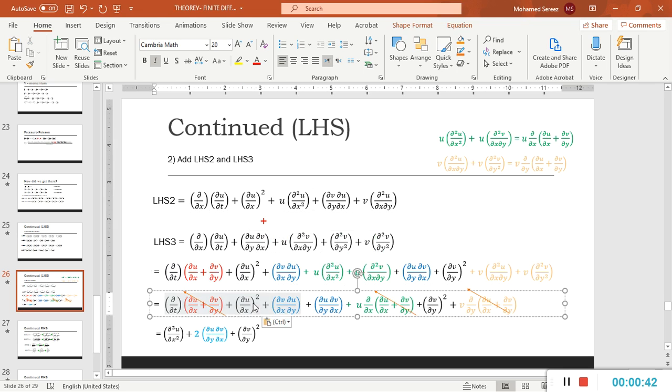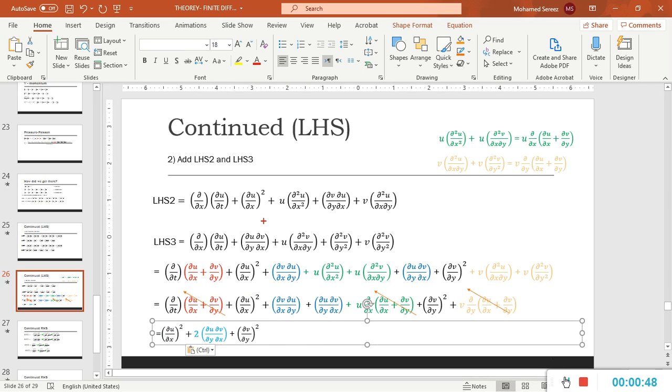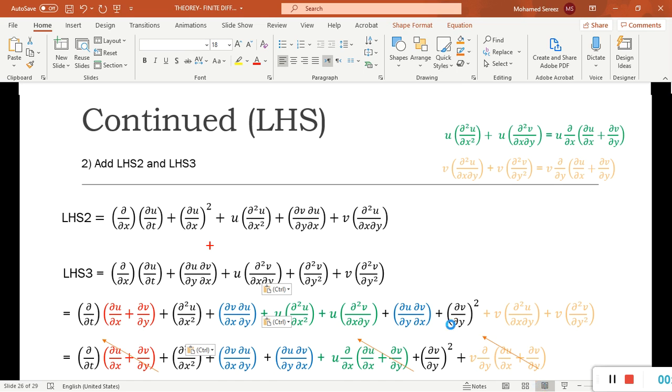It should be dou u by dou x squared plus this term. So now we have our correct form of equations, which we will be using in the pressure Poisson matrix.